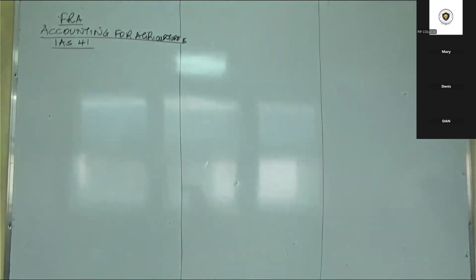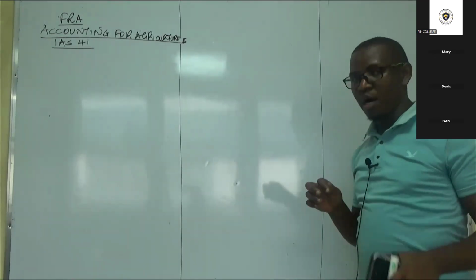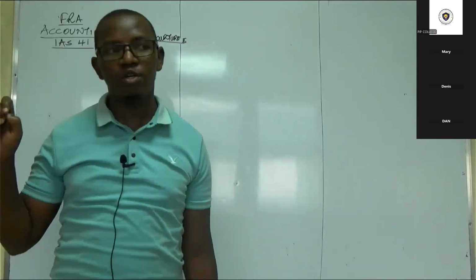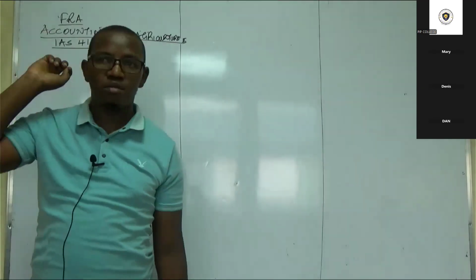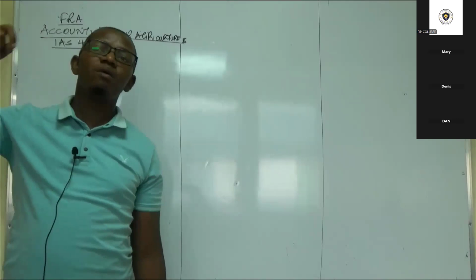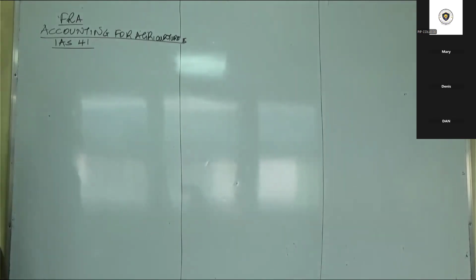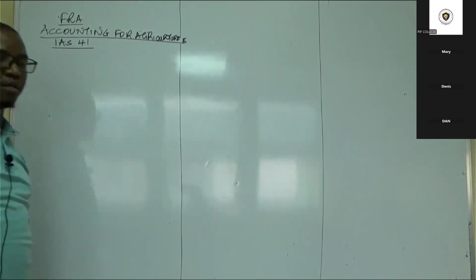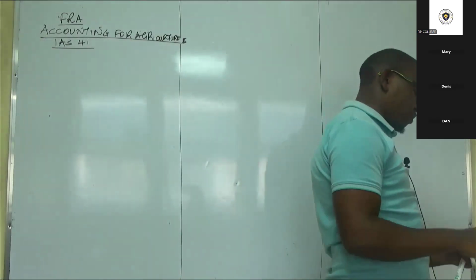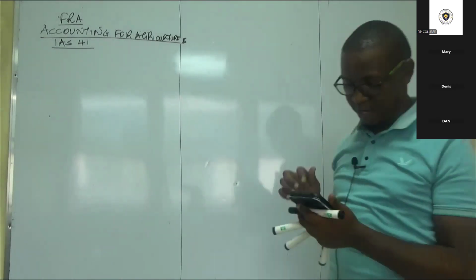Now, accounting treatment for biological assets. I want you to note that when we talk of the disclosure requirements or the circumstances for recognizing, accounting treatment is how we treat them when preparing the financial statements. The accounting treatment for a biological asset is a question that appeared in November 2019, question 5A.